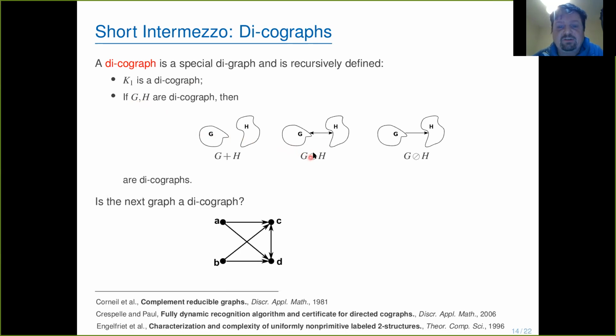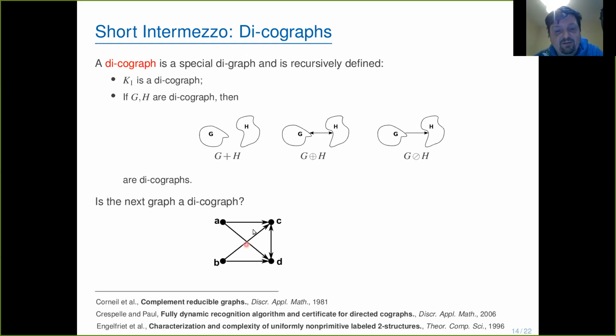Their bidirectional join, that is, I add all edges between the vertices of G and H in both directions, is a Dico graph. And the directed join is a Dico graph, that is, I take one graph G and add all the edges from G to all the vertices in H. This is a definition of a directed cograph.